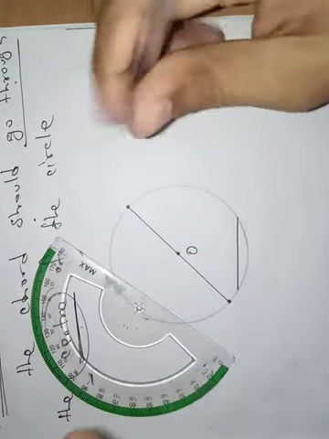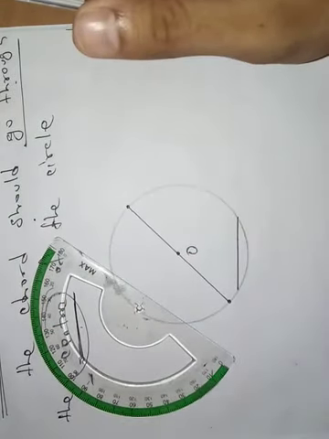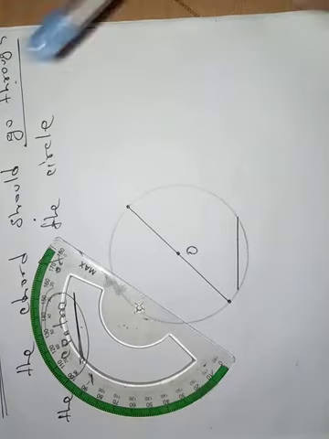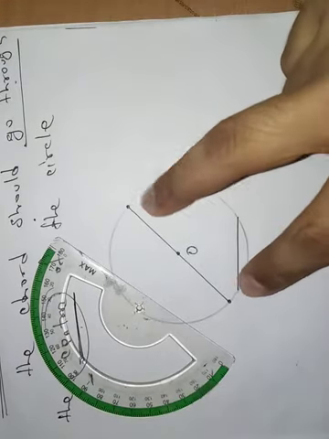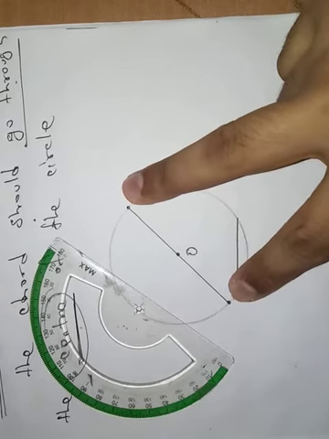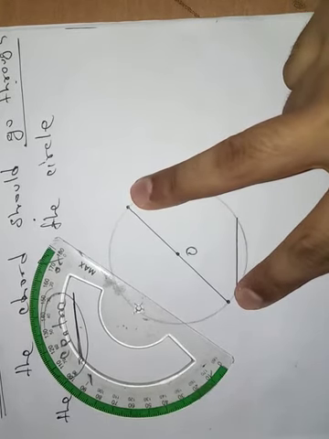According to the definition of a chord, if we join any two moving points, we can call that line a chord.